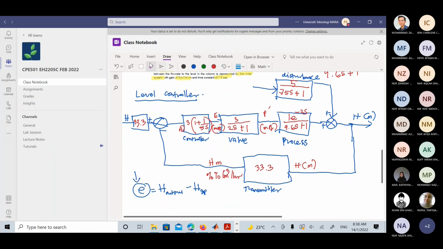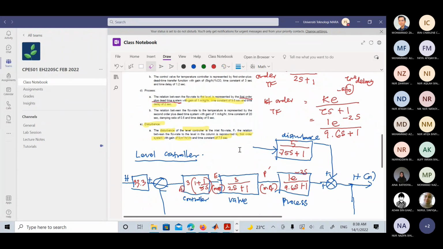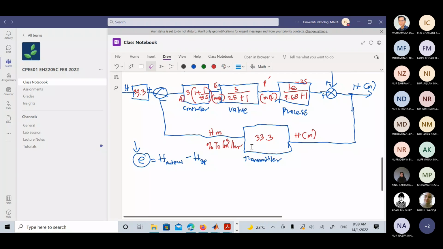Alright. Okay, ni untuk temperature controller. So temperature controller sama juga. Alright, for temperature controller, ada sesiapa nak cuba macam nak lukis block diagram?